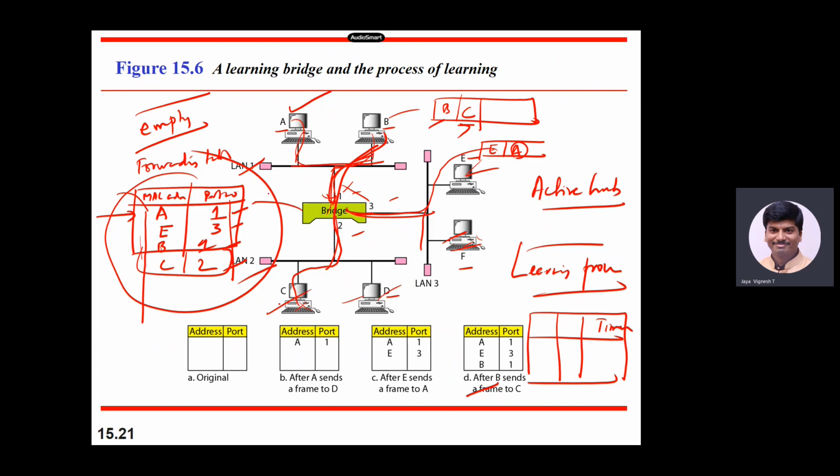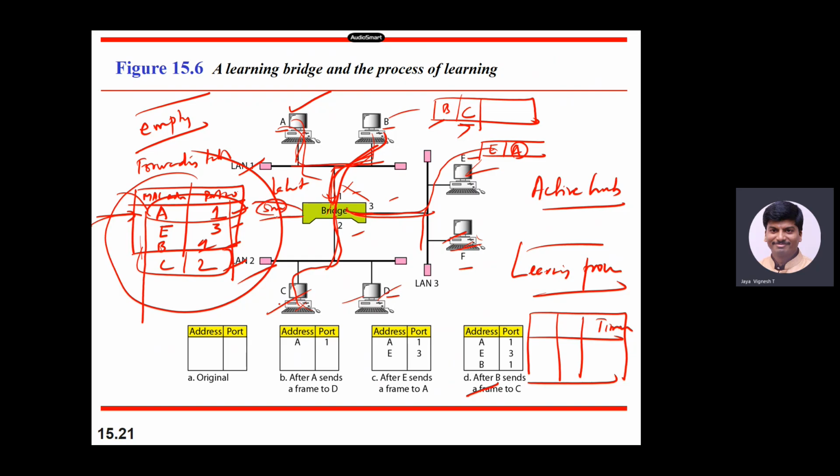To ensure that it is refreshed periodically and you have the latest information, there is going to be a validity for every entry. The validity says 5 minutes. If you're not receiving any further updates after 5 minutes, you will basically delete that entry, so it becomes outdated. But within that 5 minutes or beyond that, if A is again sending its frame, it's basically going to update that timer and increase the validity of that particular entry.